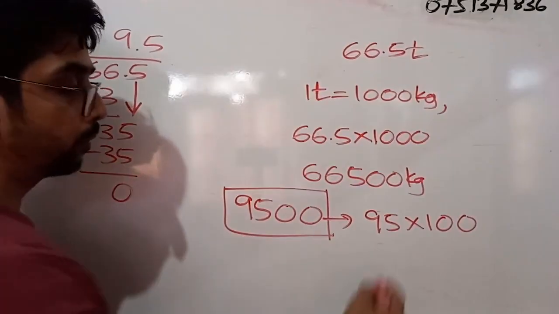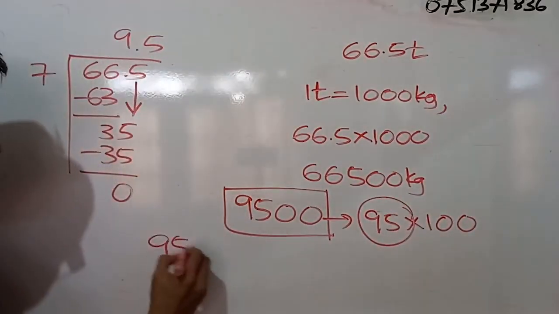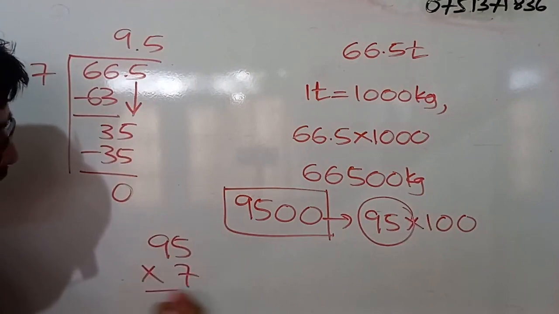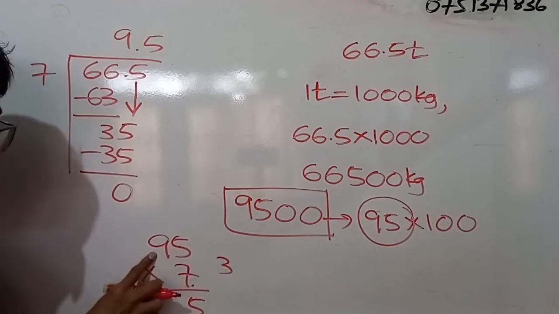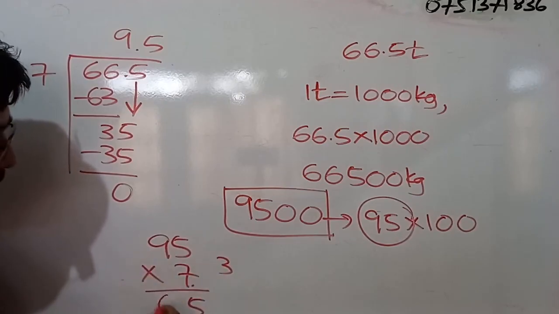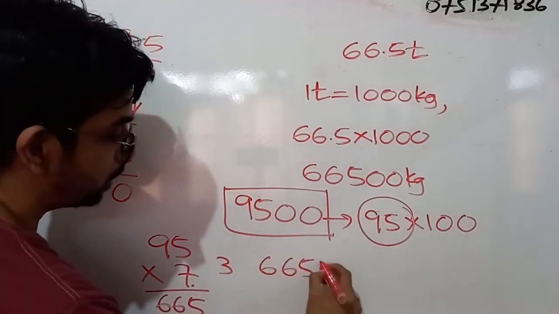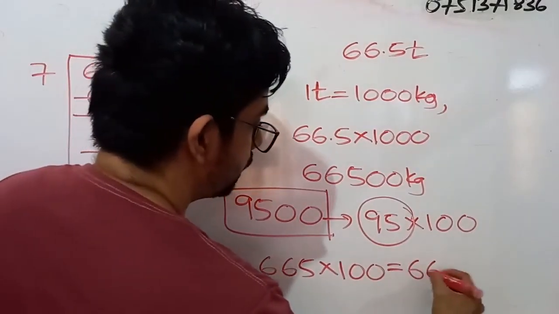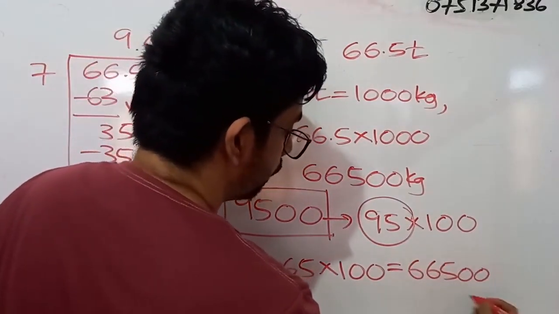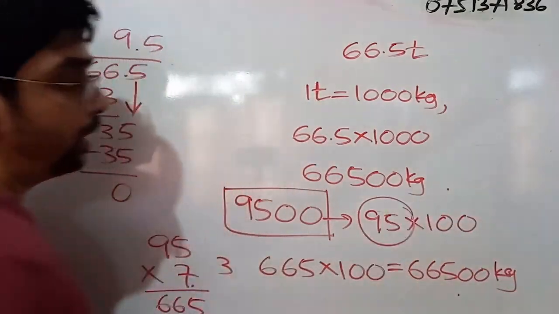Now I will multiply 95 by 7. 7 times 5, that is 35. So we have 3. 7 times 9, that is 63. Add the 3, it becomes 66. So then 665, I will multiply that by 100. So what do we get? 66,500. So these are kilograms. See, we get the same answer.